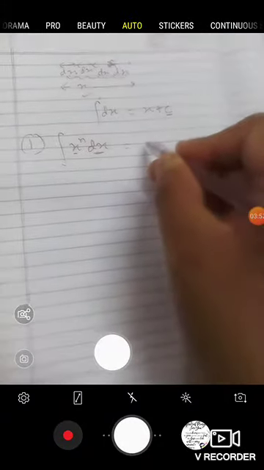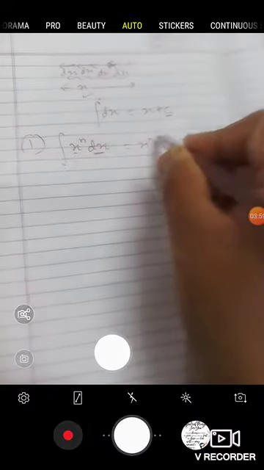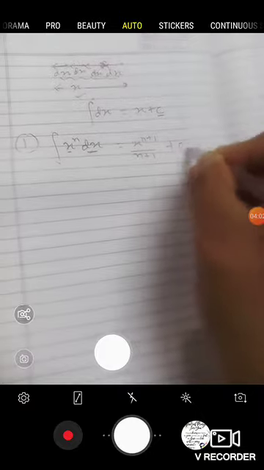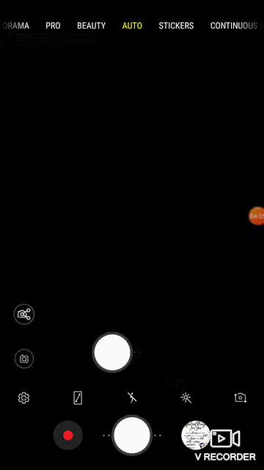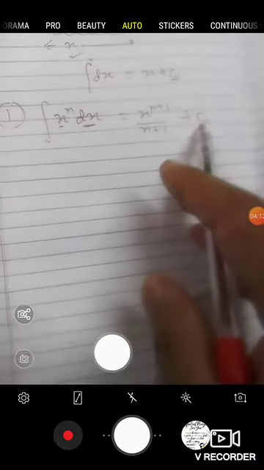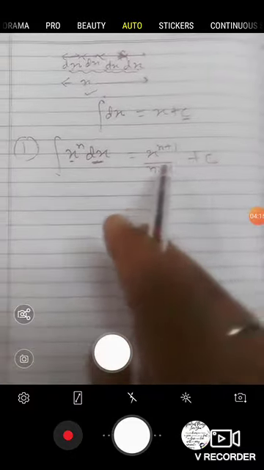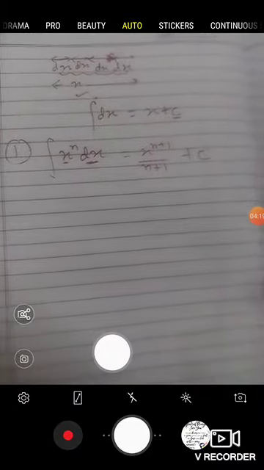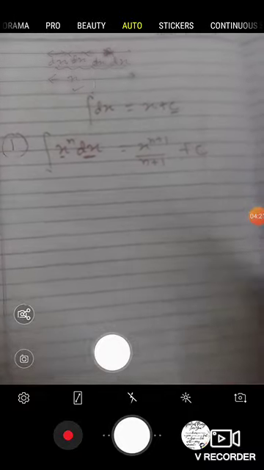It is x to the power n plus 1 divided by n plus 1, plus c. Again c comes because there are no limits. When there is no limit, definitely a constant will come.